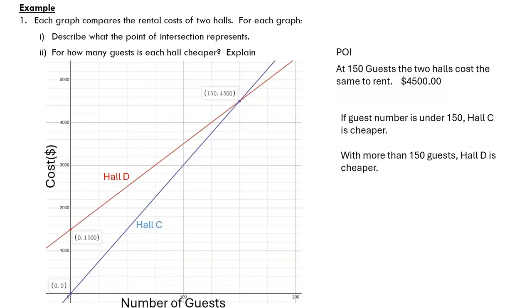In this example, we have a graph of the cost of renting 2 banquet halls. We are asked to describe what the point of intersection represents and for how many guests would either hall be cheaper.